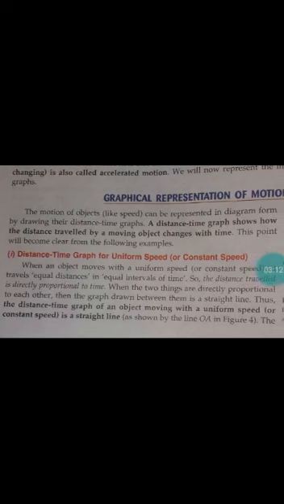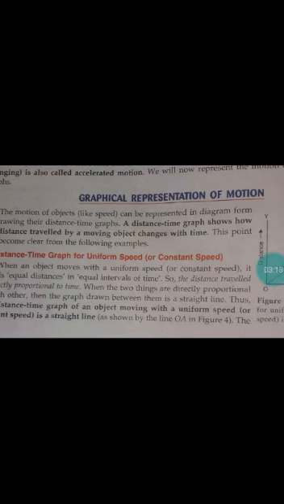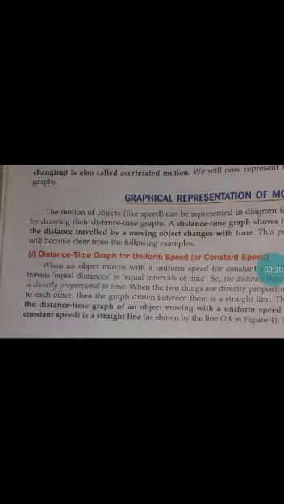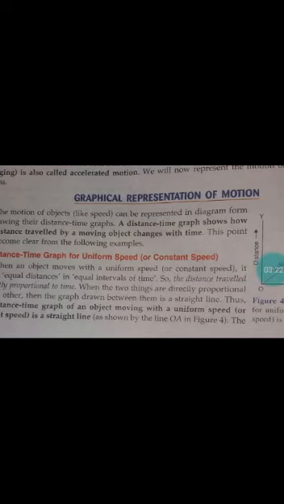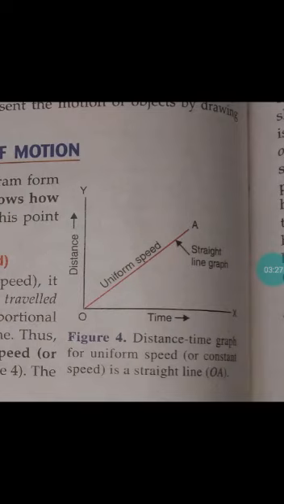When two things are directly proportional to each other, then the graph between them is a straight line. Thus, the distance time graph of an object moving with a uniform speed is a straight line. Here, it is given as OA. It is the distance time graph of an object moving with uniform speed, a straight line graph.